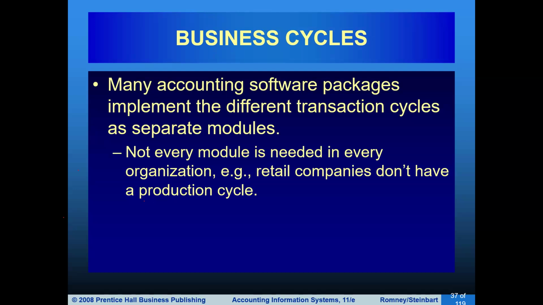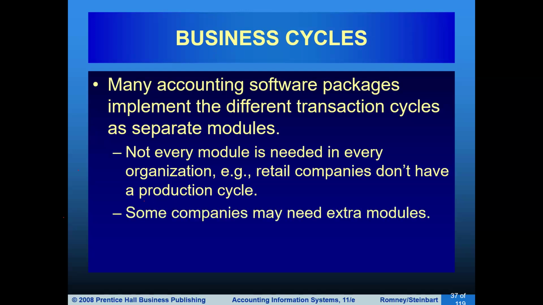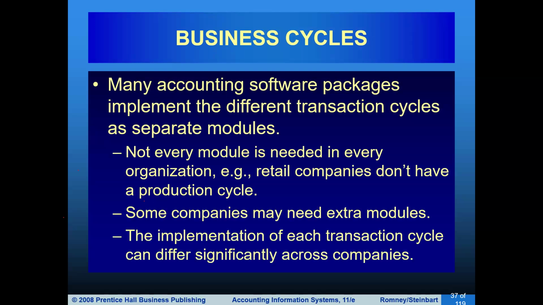Not every module is needed by every organization. For example, retail companies don't want the production cycle. They want the revenue cycle and expenditure cycle. Some companies, like hospitals, may need extra modules. They need their unique cycles.